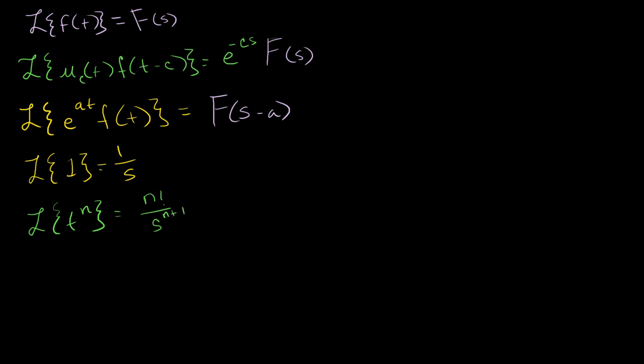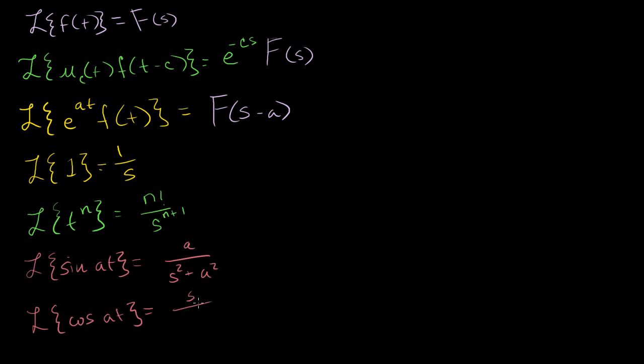And then we had our trig functions. The Laplace transform of sine of at is equal to a over s squared plus a squared. And the Laplace transform of the cosine of at is equal to s over s squared plus a squared.